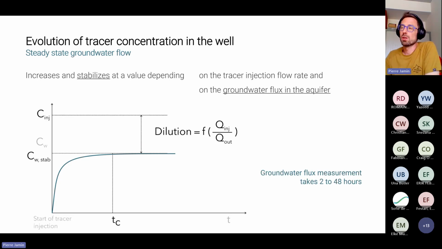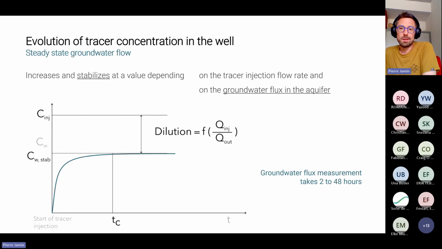And this stabilized concentration compared to the injected concentration of tracer allows the calculation of a dilution factor, which is proportional to the groundwater flux. And we really need to reach this stabilization because it allows us to deliver a very precise flux result.